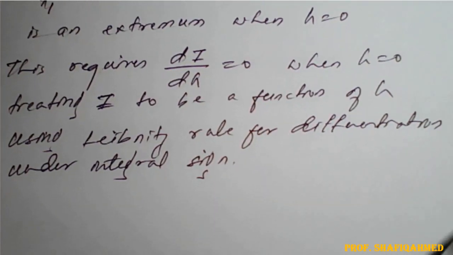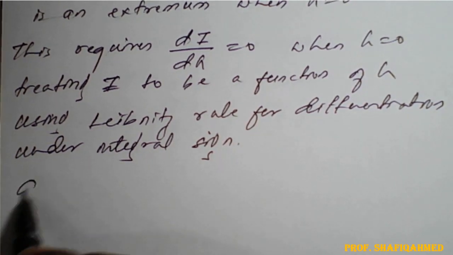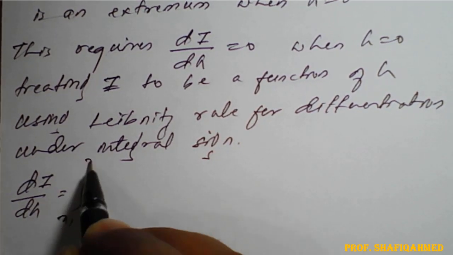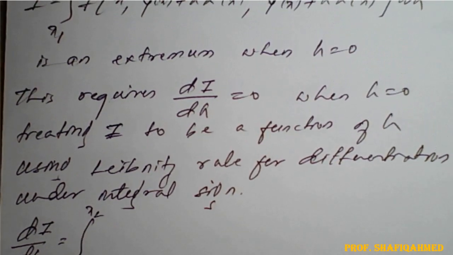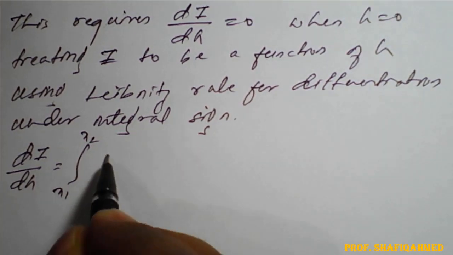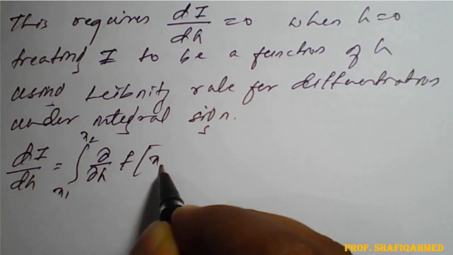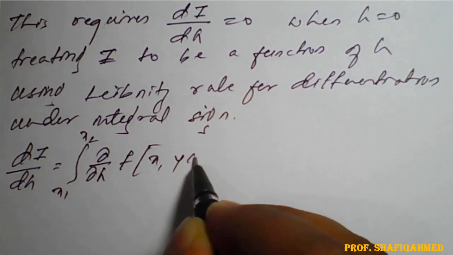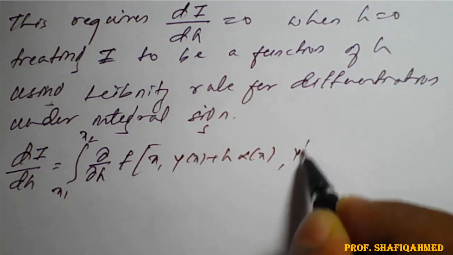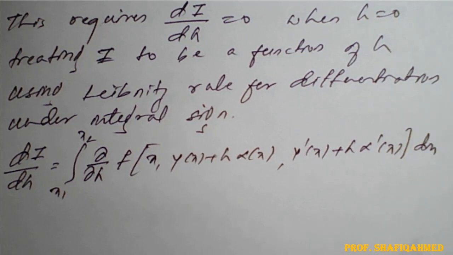So dI by dh is equal to the integration from x1 to x2 of dou by dou h of f of x, comma y of x plus h into alpha of x, comma y dash of x plus h into alpha dash of x, into dx.